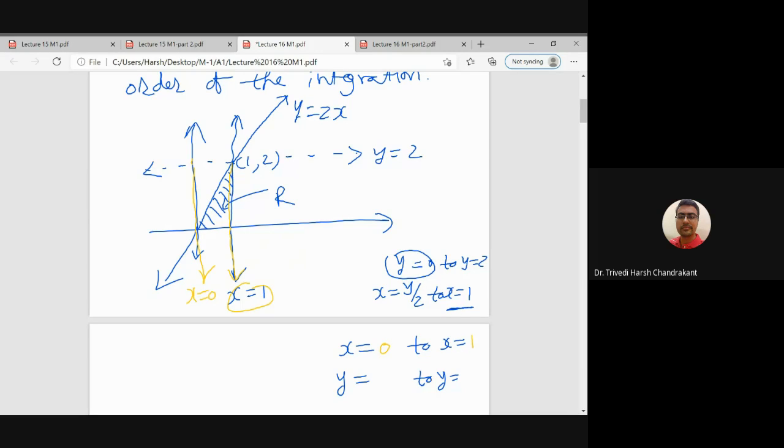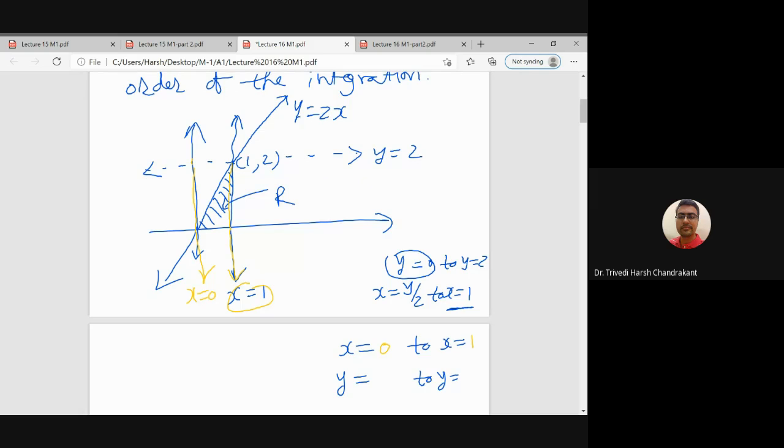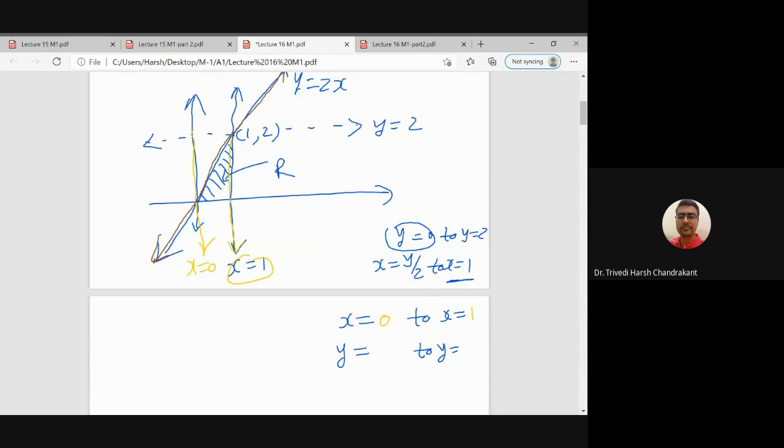And now on the other side, whatever equation we have, we will convert that as y as a function of x. So the line which bounds the region, already it is given, y equals 2x, and the other line which bounds the region is y equals 0. It is the x-axis.